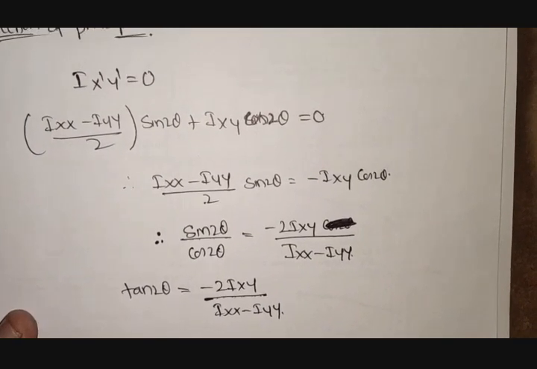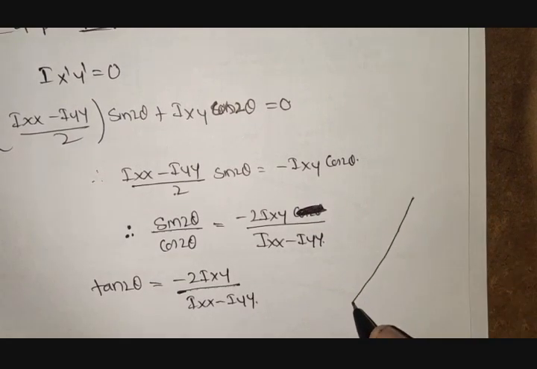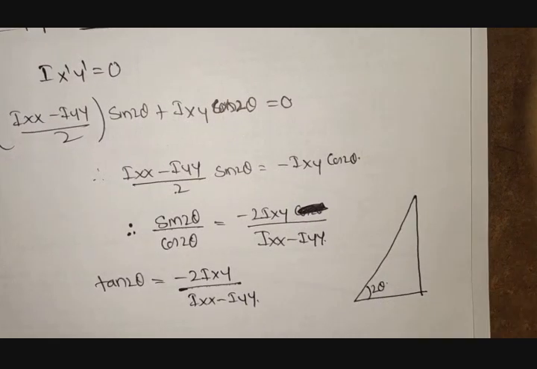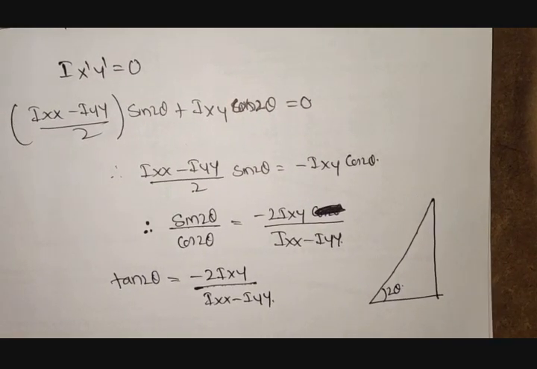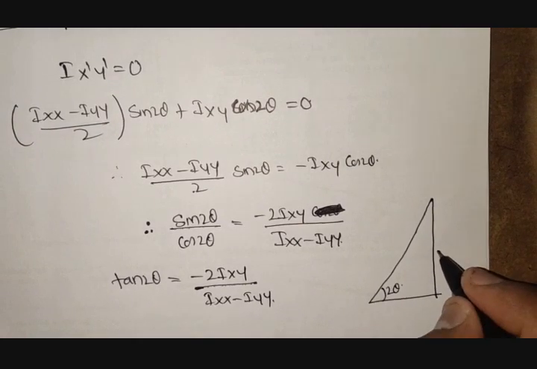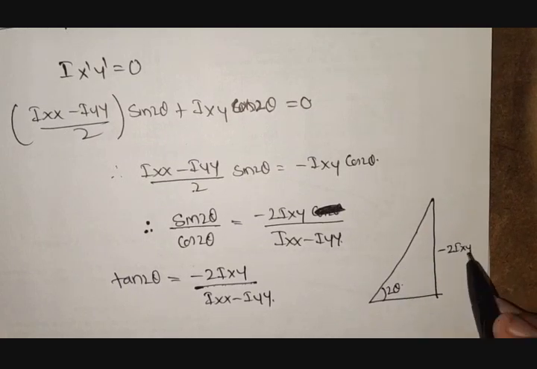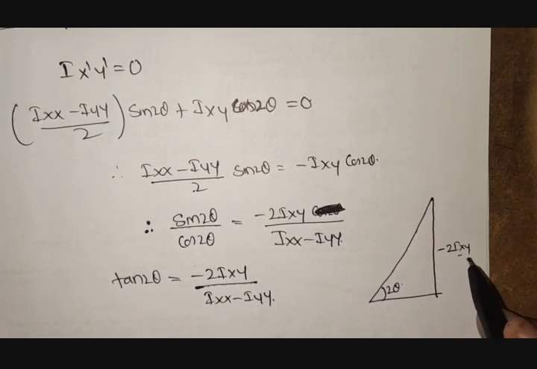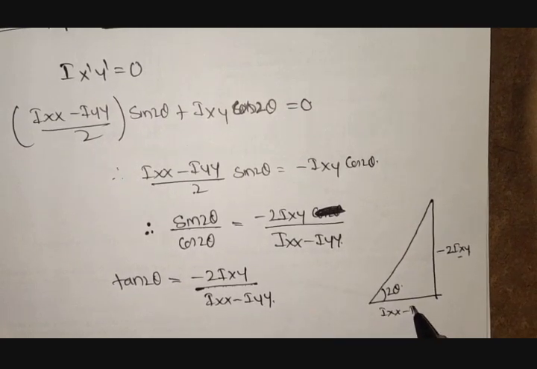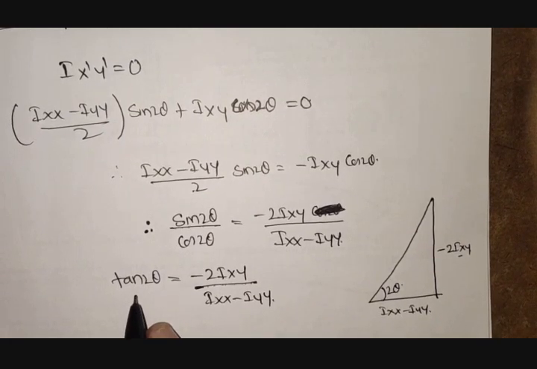So it is nothing but, if you take a right angle triangle, here the angle 2 theta is made, tan 2 theta has opposite side minus 2 Ixy, and the adjacent side will be Ixx minus Iyy.